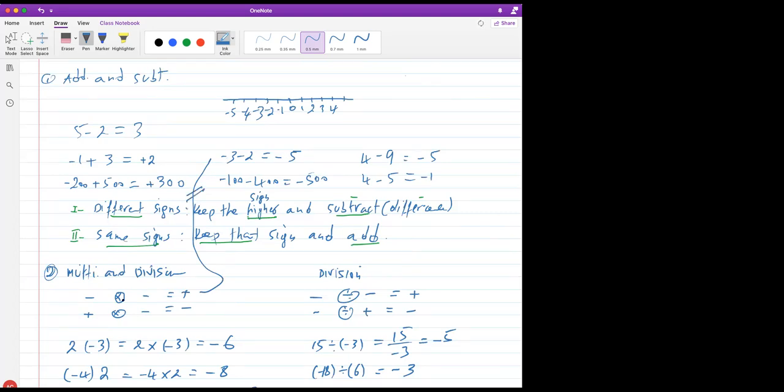Here stays negative. Here turns positive because we're multiplying. Here we don't multiply. It's a subtraction. There's no sign of multiplication, no parentheses. So it's just a plain subtraction here. The negative sign stays the same.